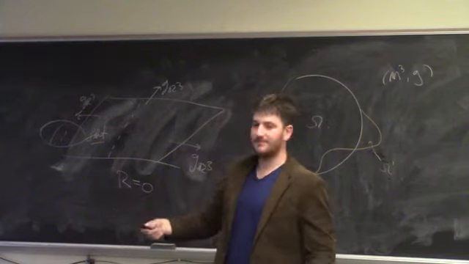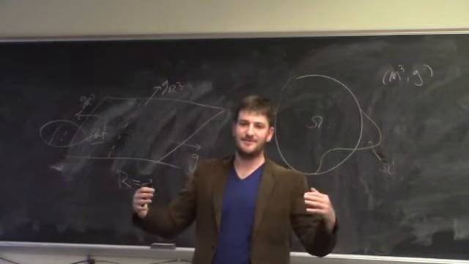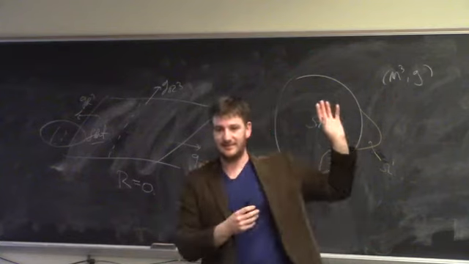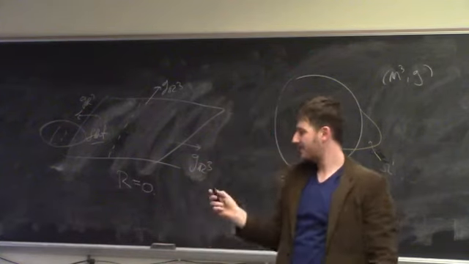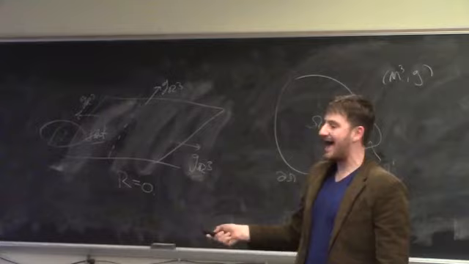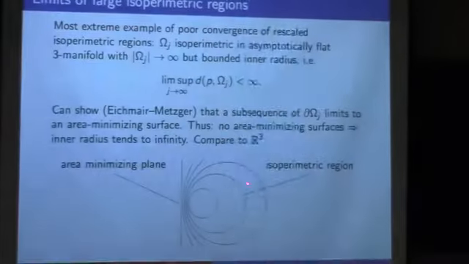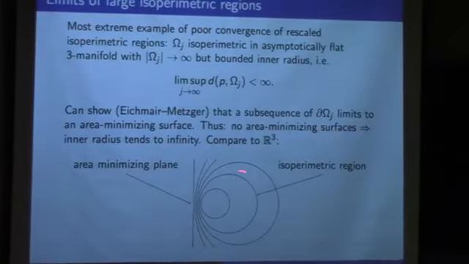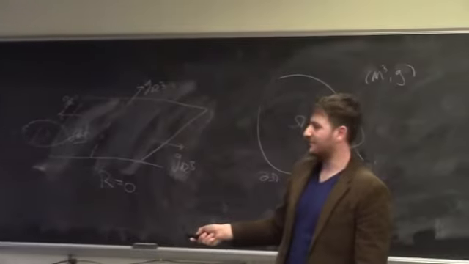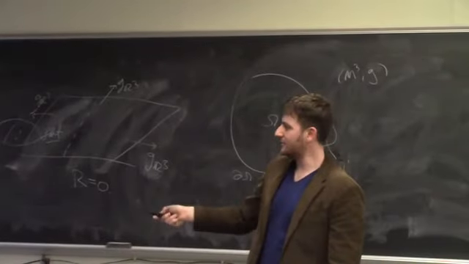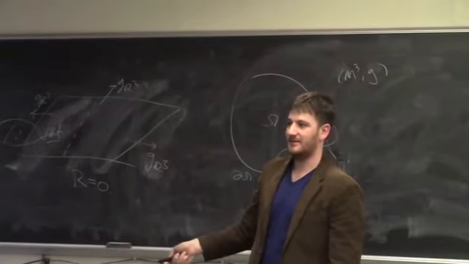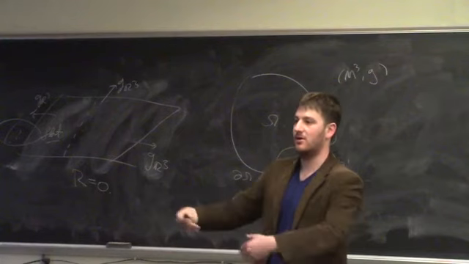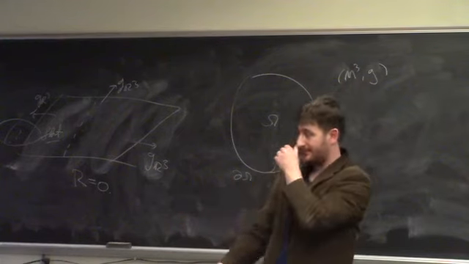But here, the volume becomes infinity, and somehow the volume constraint can be deleted after the volume becomes infinity. Okay. So this happens in Euclidean space. Isoperimetric regions are balls, and you can pick the centers correctly so that you limit to the plane. And the plane minimizes area among all compact changes.